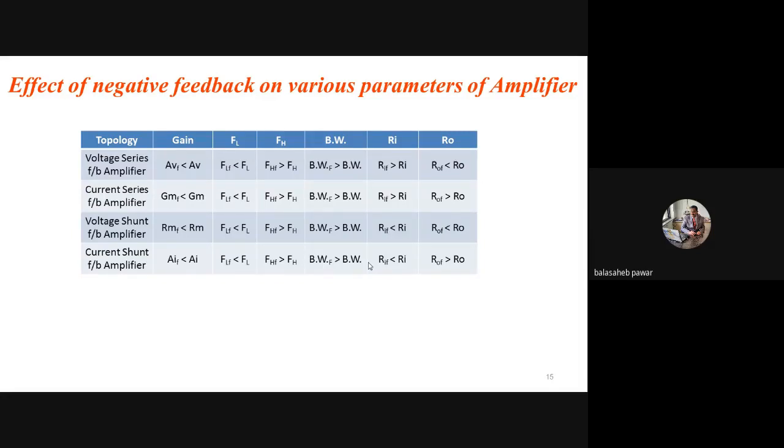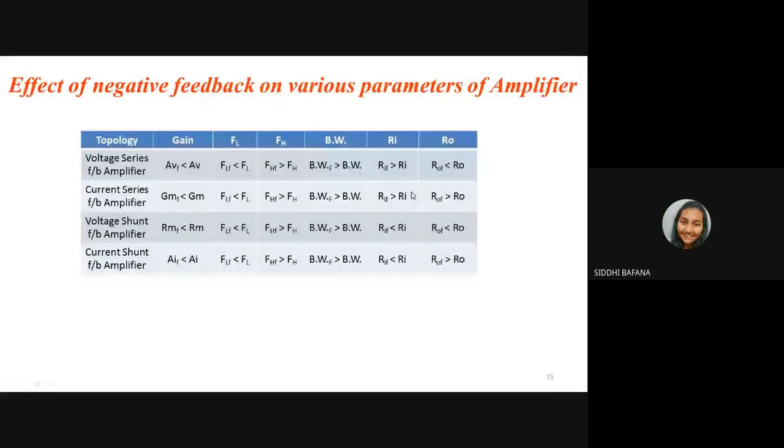So what will be the comparison between Rif and Ri? Will it be the same? No. Negative feedback will impact it. It improves it, and that's why Rif should be greater than Ri. Is it clear for current series? Is it okay?